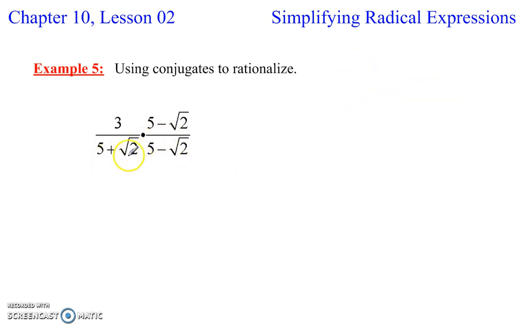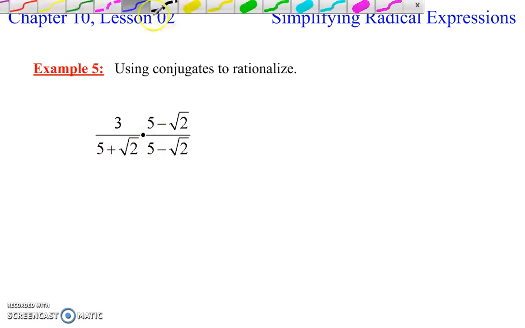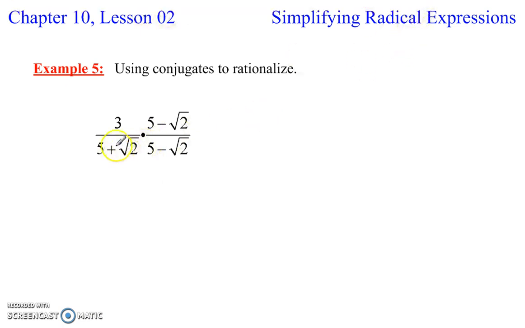What that's going to give me is the square of each of these terms. So on top, I'll do 3 times 5 and 3 times radical 2. Distributive property, basically. Remember, this is like parentheses here. So we've got 2 binomials that we're multiplying.